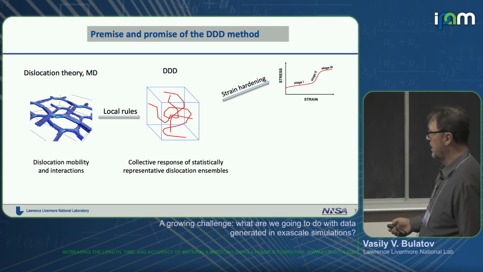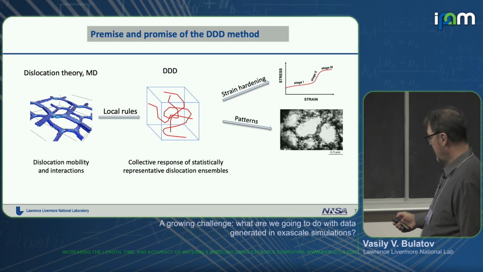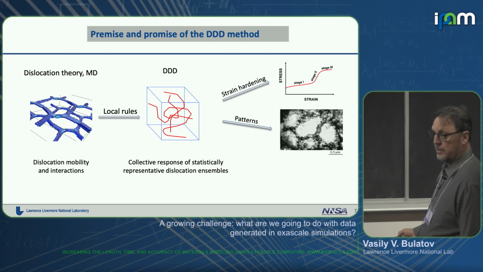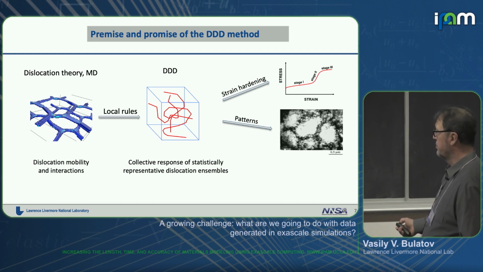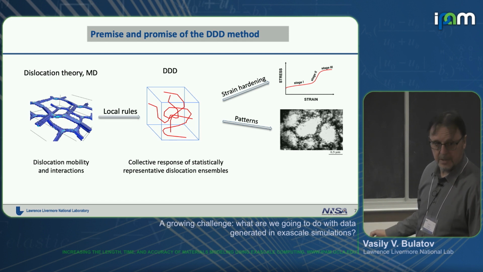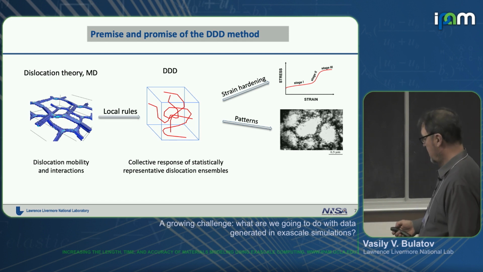So it has been a mystery why. Now dislocations also form, Jaafar actually showed you some similar pictures on Tuesday, rather intricate patterns depending on how you deform the crystal and so on. And to predict how they form, what they are, how they come about was another important goal for the dislocation dynamics method.